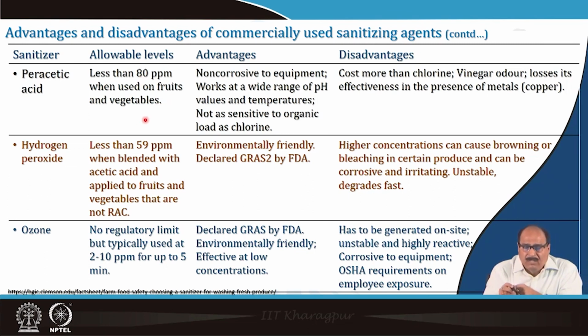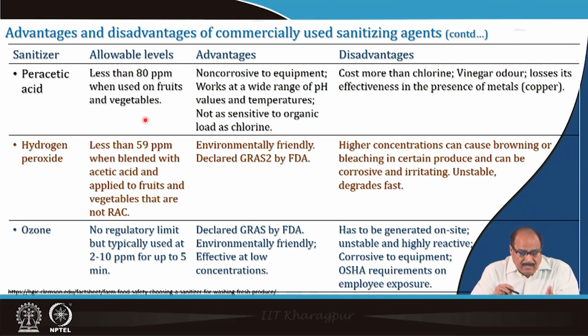Peracetic acid: its allowable level is less than 80 ppm when used on fruits and vegetables. It is non-corrosive to equipment, works at a wide range of pH values and temperatures, and is not as sensitive to organic load as chlorine. However, its cost is more than chlorine. It has a vinegar odor, and it loses its effectiveness in the presence of metals.